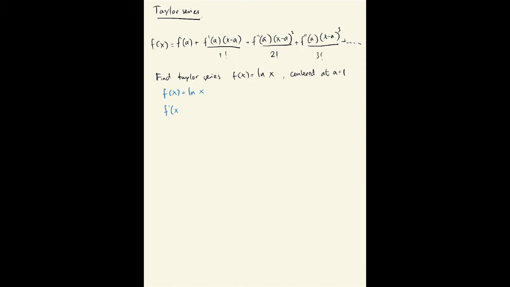The first derivative is 1 over x. I will write x to the negative 1. The second derivative, right? Third derivative, at least 4, or maybe 3, 4, maybe 5, depends on you. And then we plug in the a.